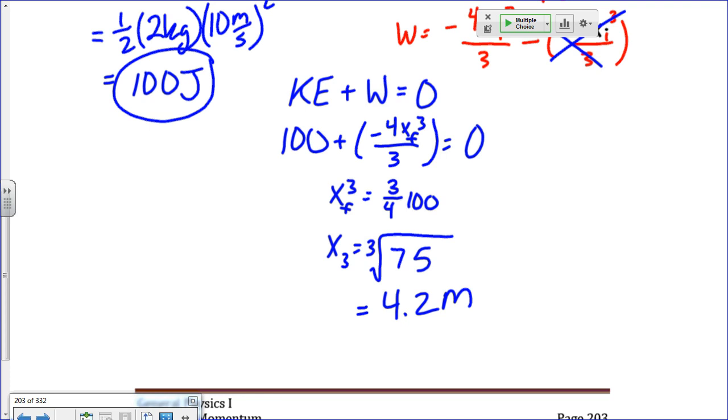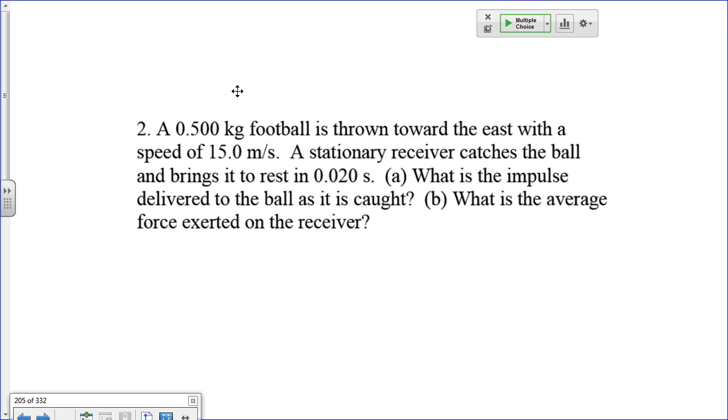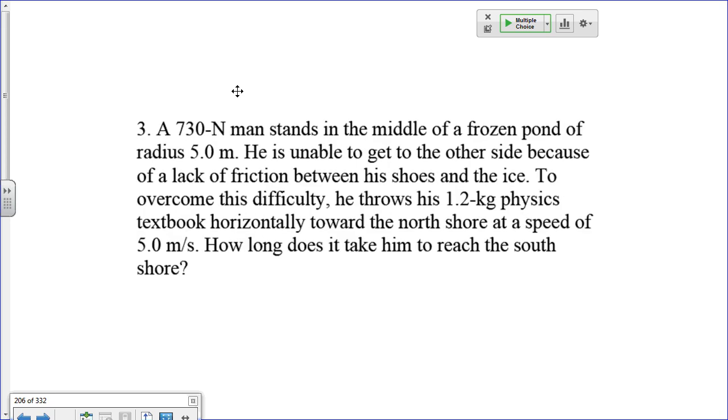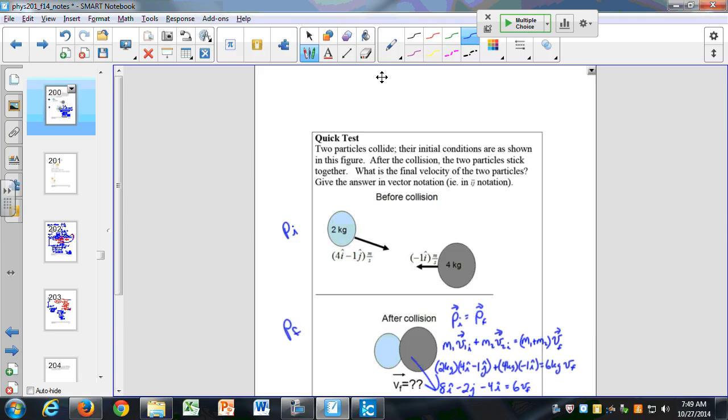You could do a different problem. Can I go down from here? You might have had a homework problem. Did y'all have a homework? Oh, let me go see. I think I might have taken it off because... Oh, this is the wrong chapter. Computer's locked up here.